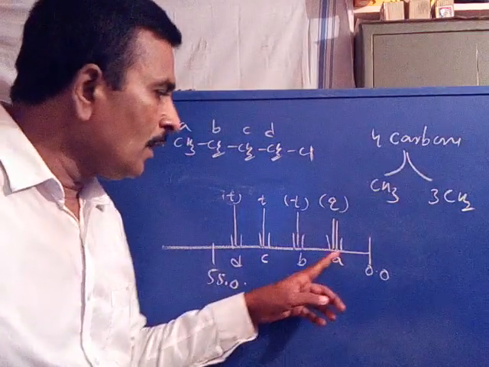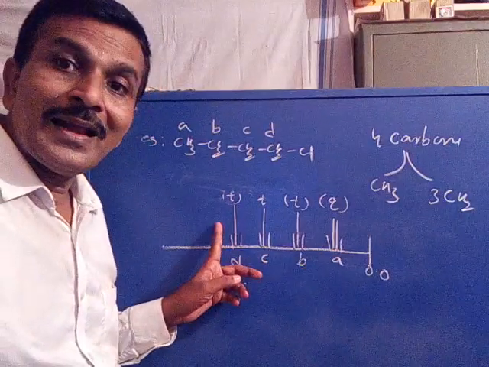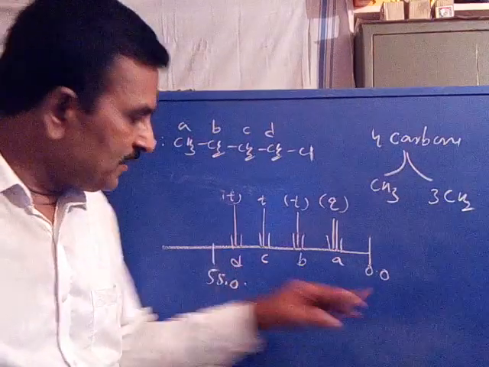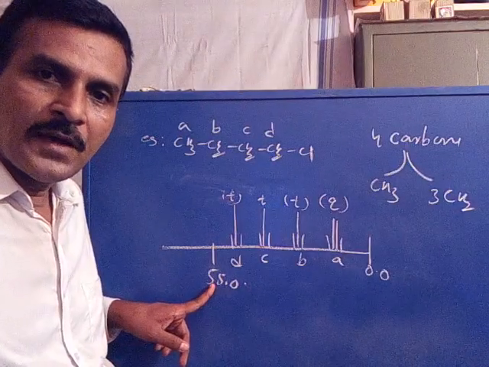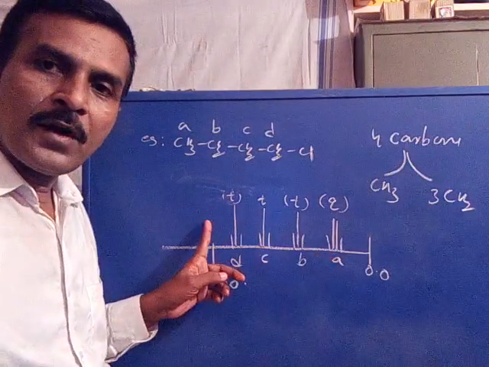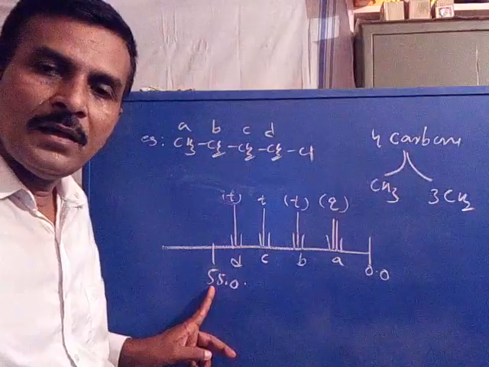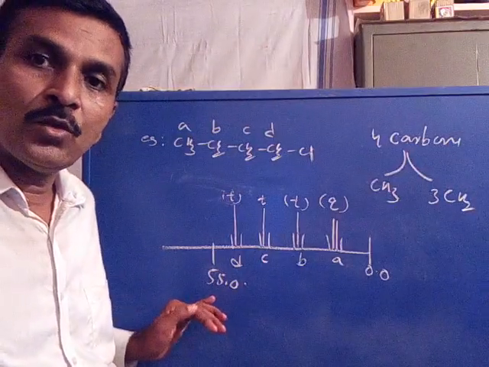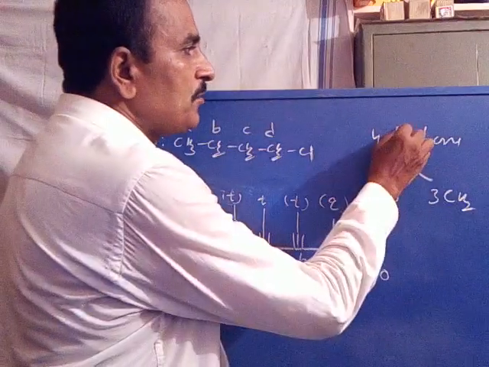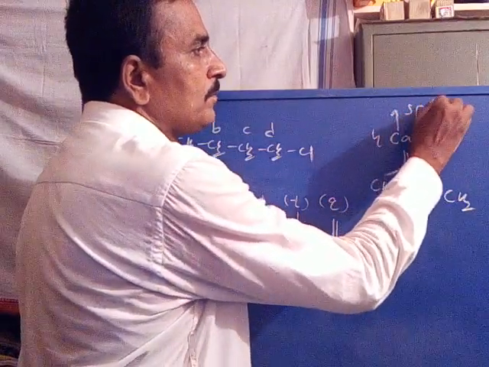Now, all the 4 signals are lying between 0.0 to 55.0 ppm. Are you following? So all the 4 carbon signals appear between 0.0 and 55.0 ppm, so all the 4 carbons belong to sp3.